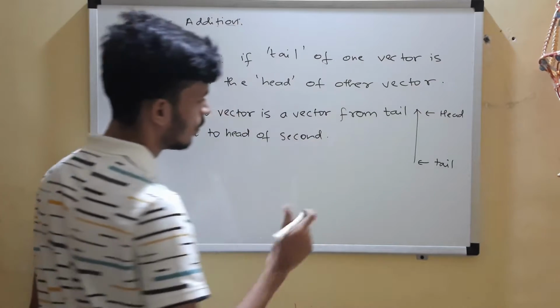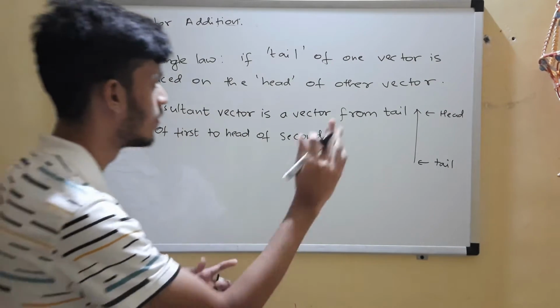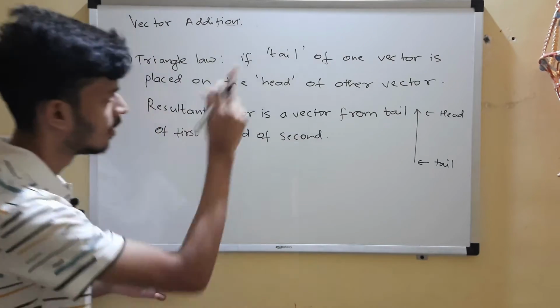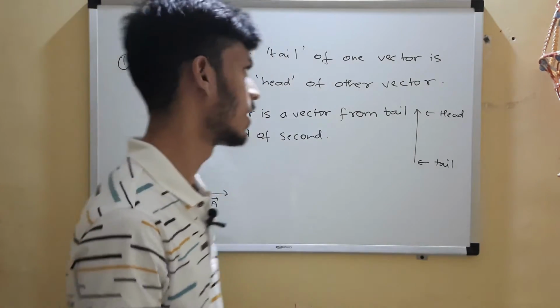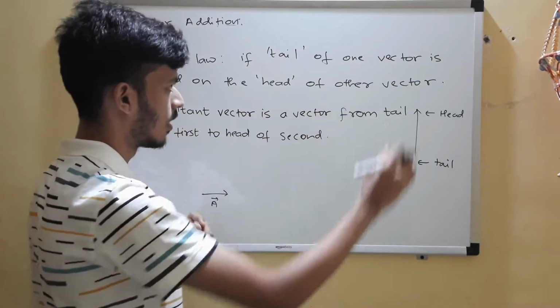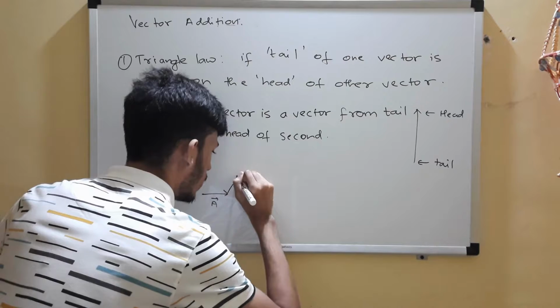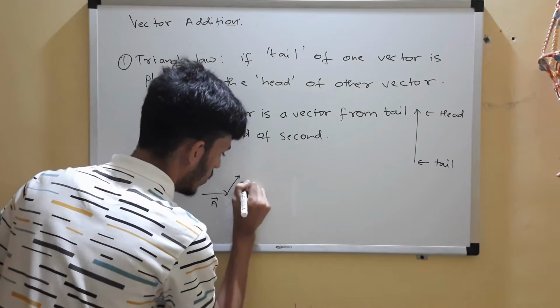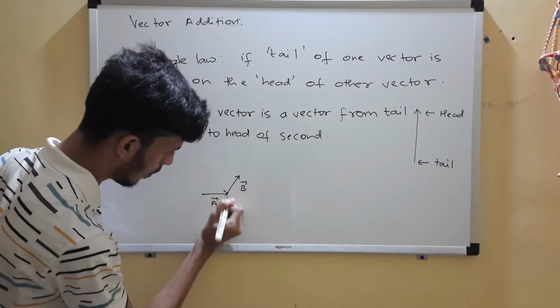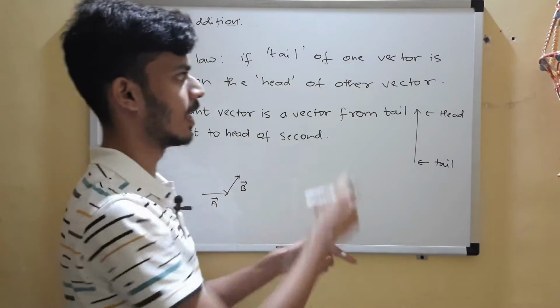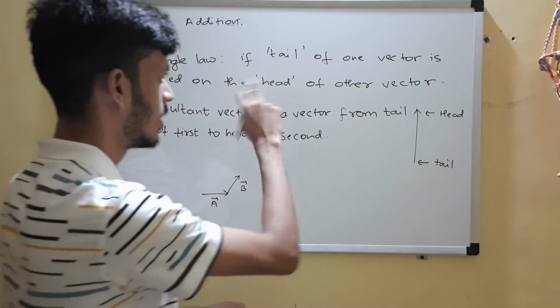Okay, so we'll try to visualize this. Suppose we have two vectors. Let's take the simplest case, like the one which the law suggests. Suppose we take another vector b. Can you see that this is the tail of b, and the tail of b is placed on the head of a? Tail of one vector is placed on head of the other.